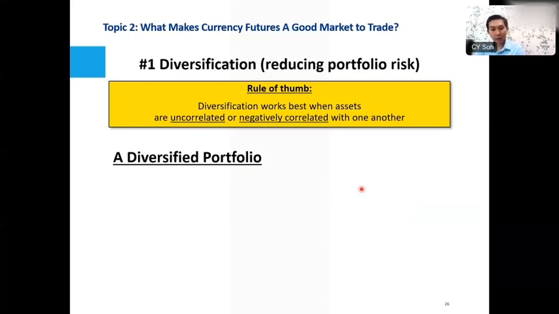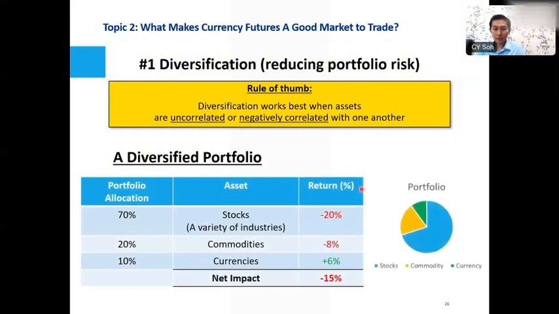Let's compare with a diversified portfolio, where you put currency into your portfolio. Of course, this is just an example. Just now we had a 100% allocation in stocks only. Here we diversify your portfolio into other assets, commodities as well as currency, with a 20% allocation to commodities and currency.